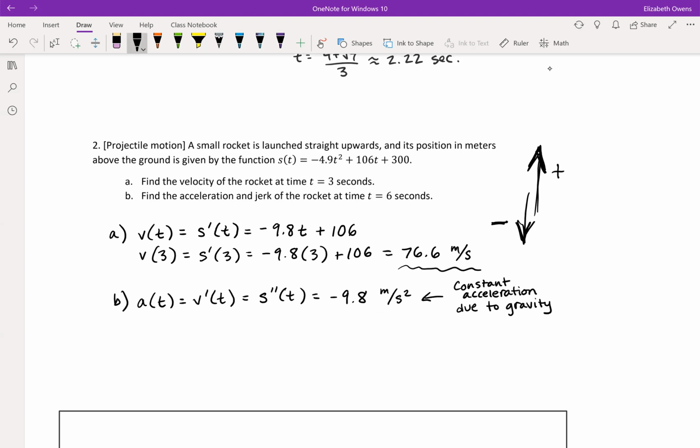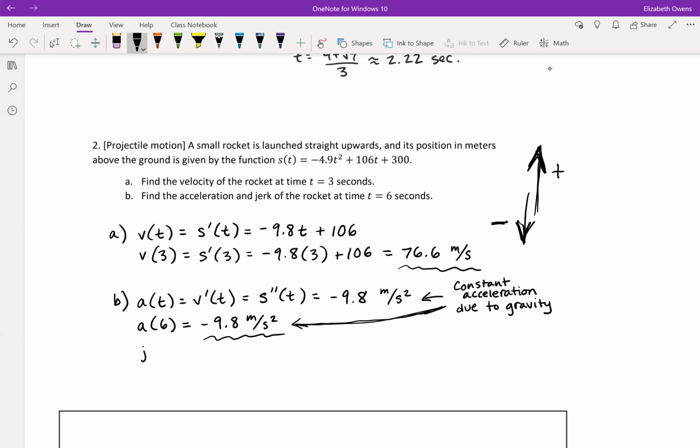We didn't plug in t equals 6 because it was a constant acceleration, but I really should have. Acceleration at 6 seconds is negative 9.8 meters per second squared. It's still a constant acceleration. There aren't any outside forces causing this rocket to accelerate, like a booster pack or anything like that. But there's our acceleration.